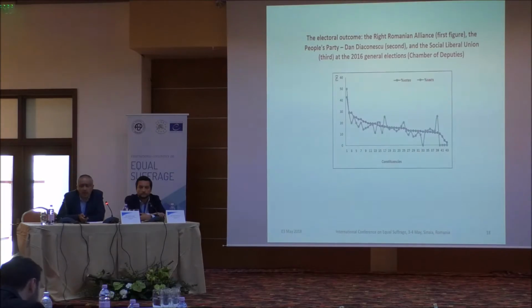Of course, disproportionality was very high, taking into consideration those effects, and these figures show such disproportionality. First is for the Right Romania Alliance.